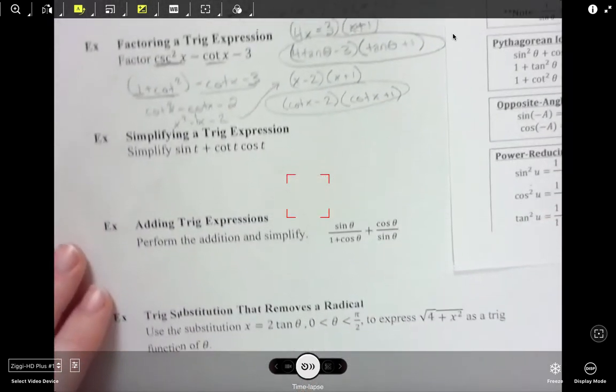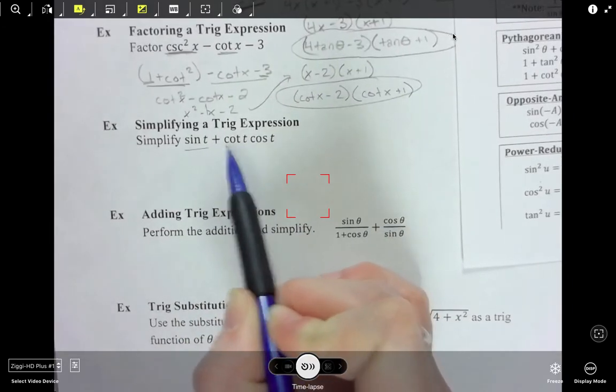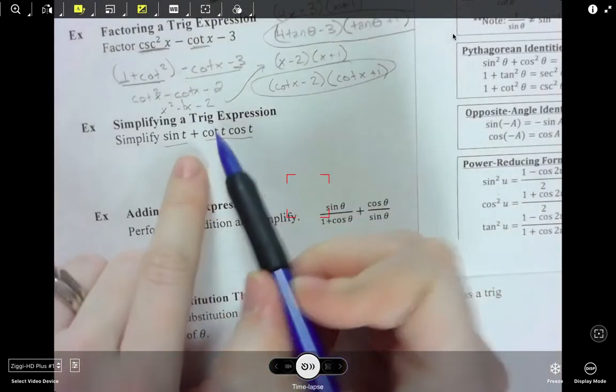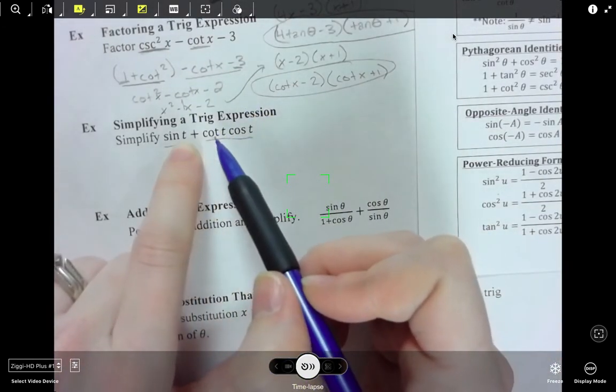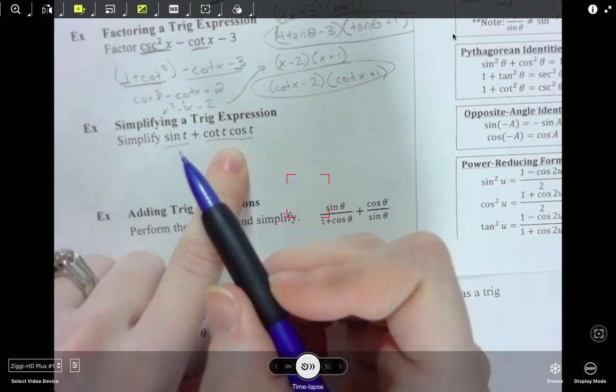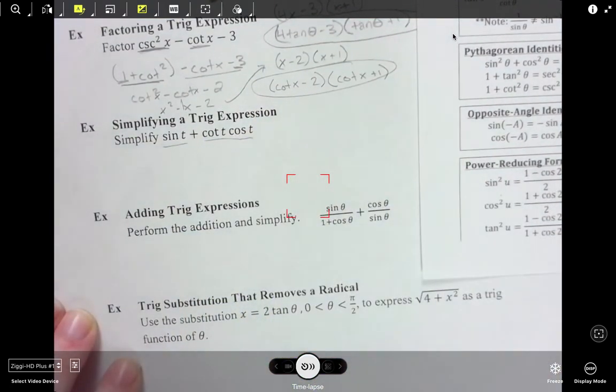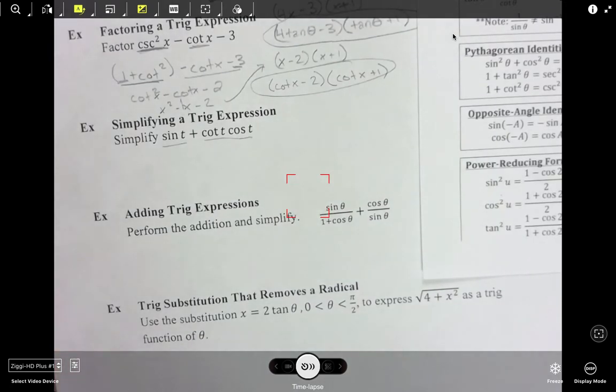All right, simplifying a trig expression. Again, I've got multiple things going on here. Two pieces separated by a plus sign. I look to see if there's anything that they have in common that I can pull out, and there's not. So what I usually resort to then is taking everything and trying to write it as a cosine or a sine.